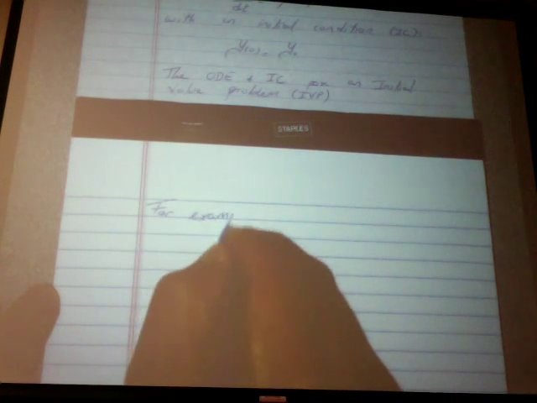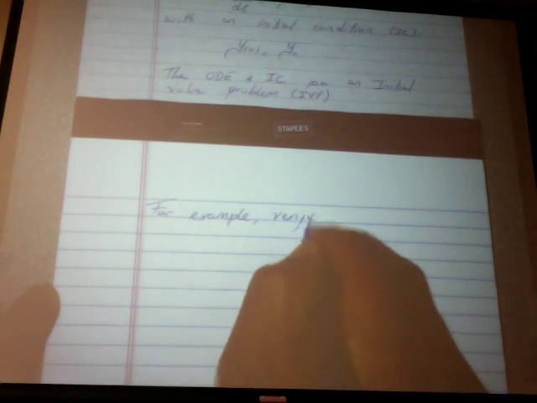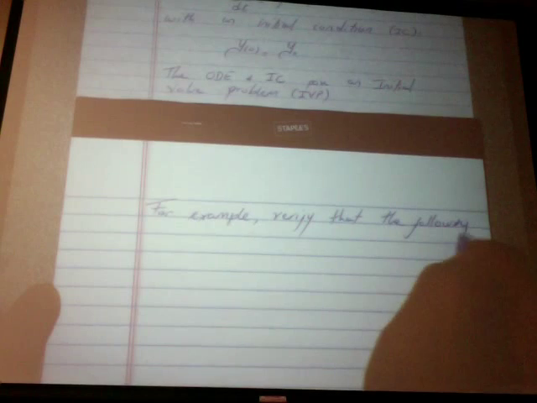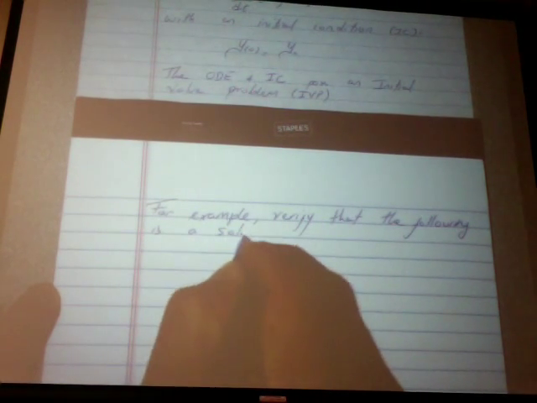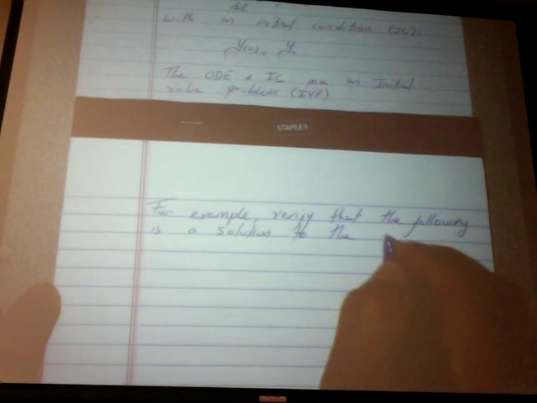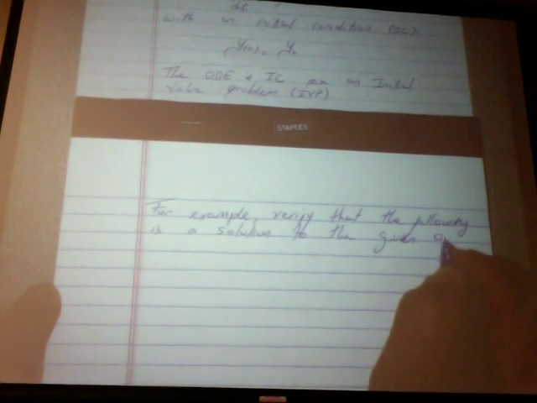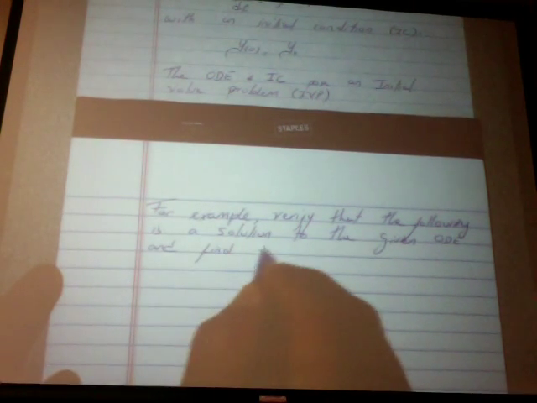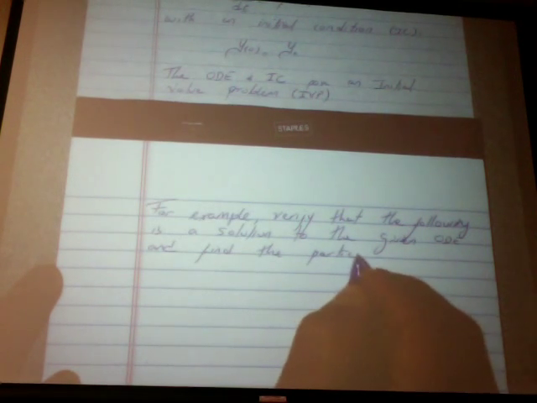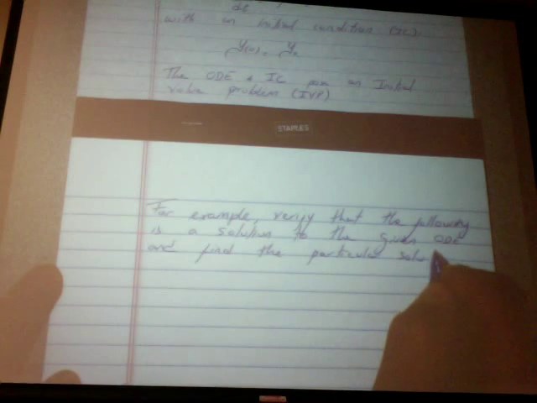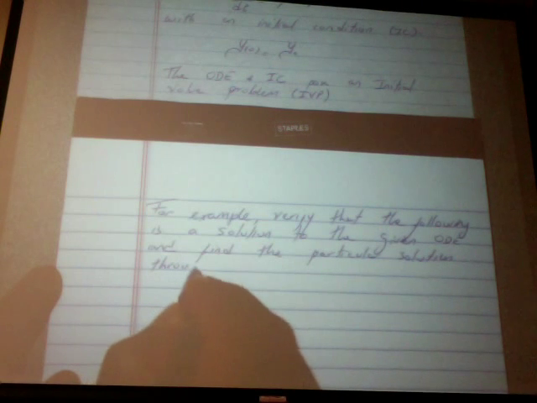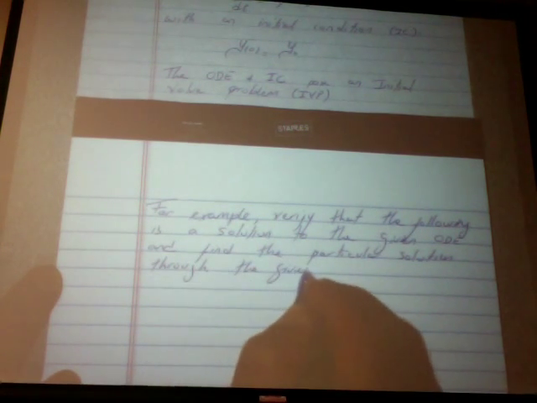So, for example, verify that the following is a solution to the given ODE, and find the particular solution to the given initial condition.